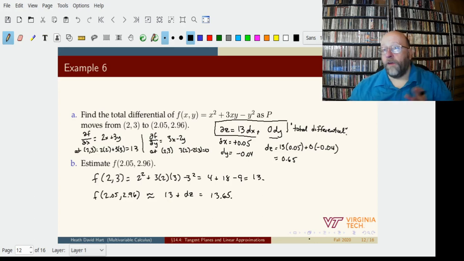We figured out the original z coordinate here, we used the total differential, and then we figured out how much it was going to change. There are lots of ways that we could come up with this approximation, and this is just one way of doing it. All right?